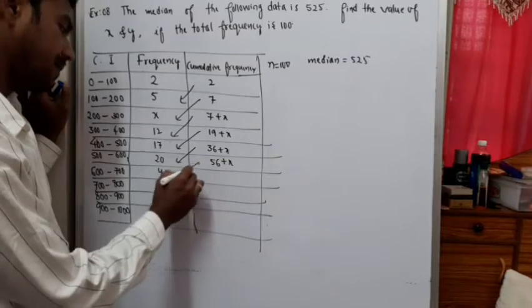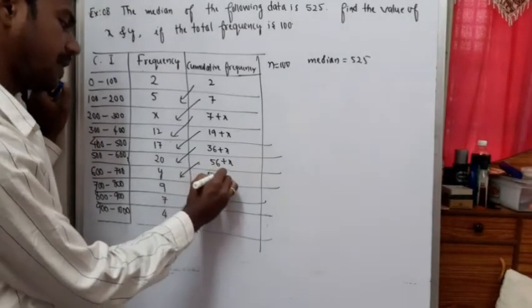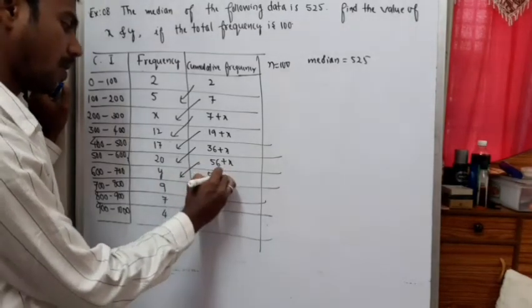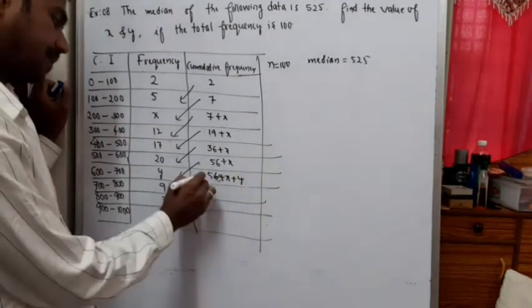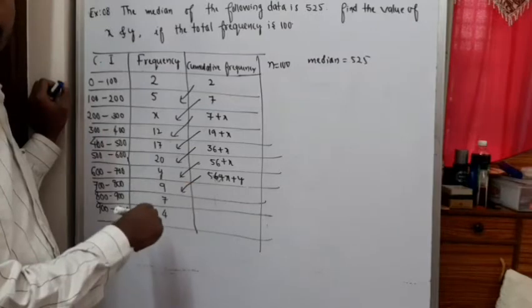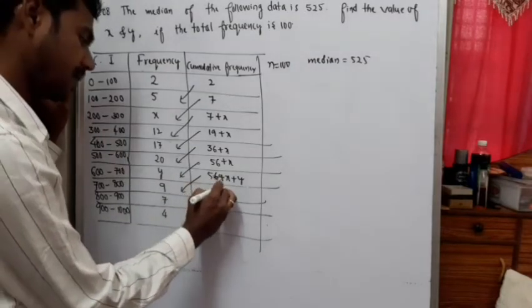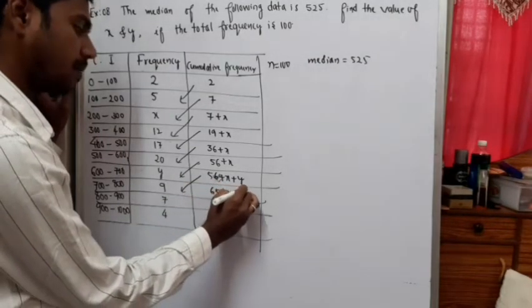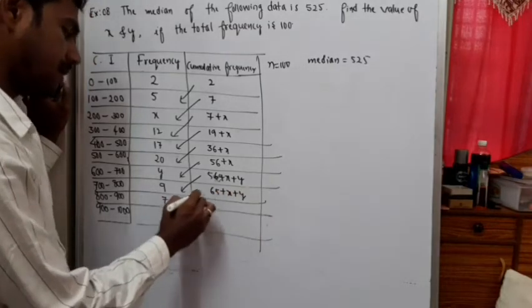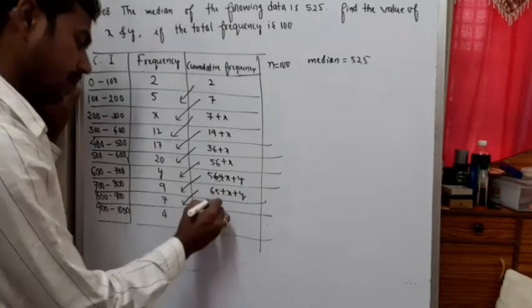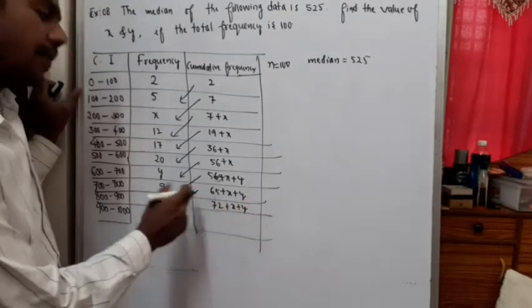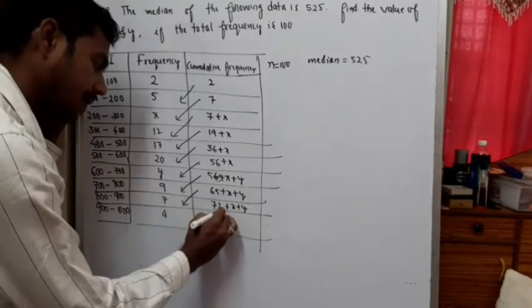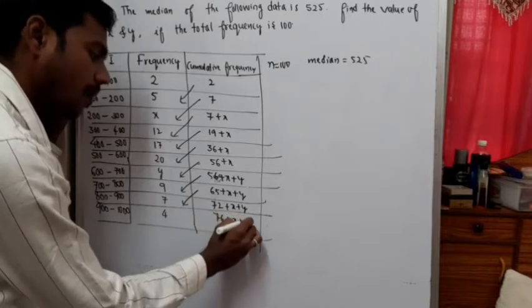Then followed by 56 plus x plus y. Then 56 plus 9, 65 plus x plus y. Then 65 plus 7, 72 plus x plus y. 72 plus 4, 76 plus x plus y.